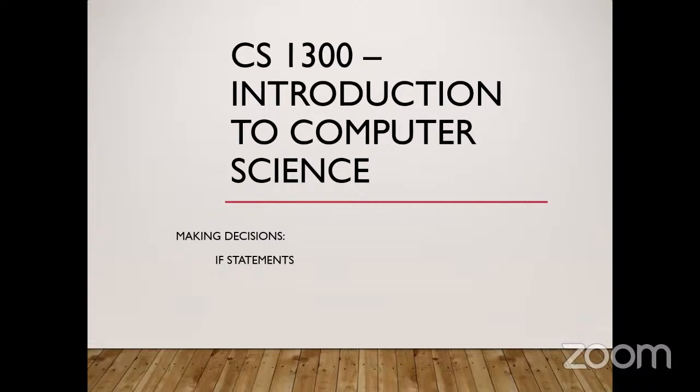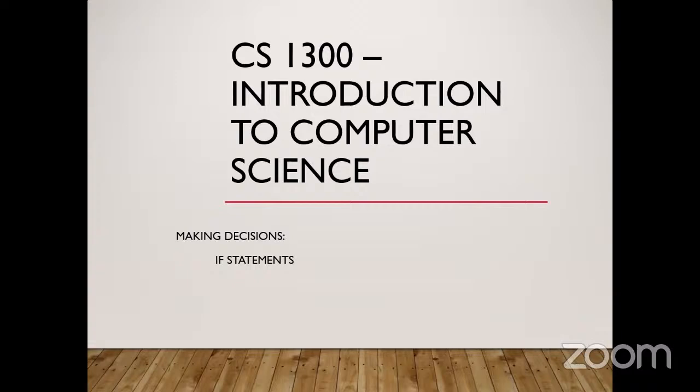Or if you need to sort things sometimes, like 90 and above is an A, 80 to 89 is a B, that sort of thing. So you can check if grade is greater than 90, give them an A, right? So we're going to work on that.